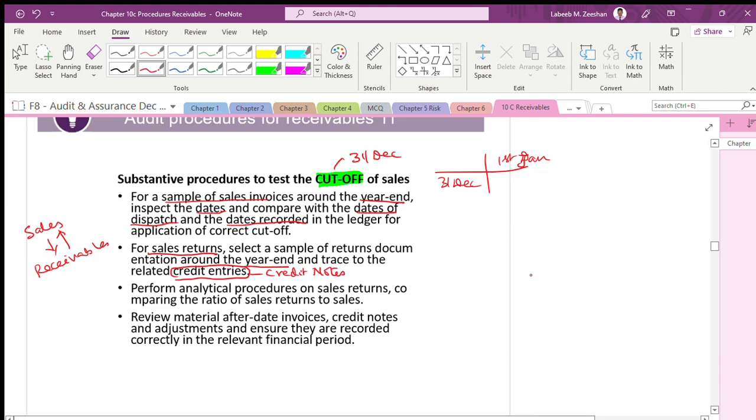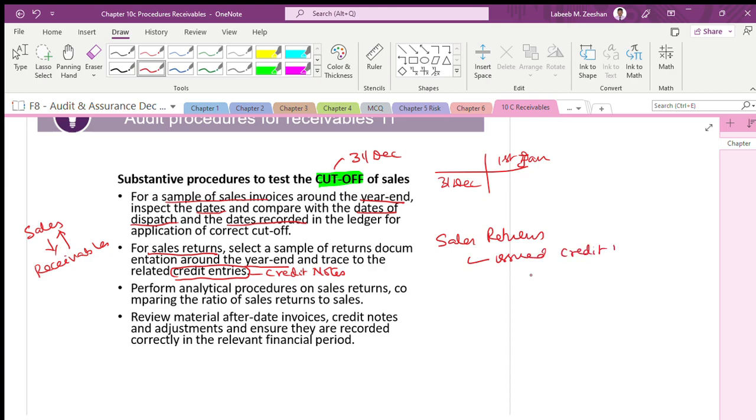You should make sure that there are sales returns, and for those sales returns, we have issued the credit notes. In simple words, credit invoices.